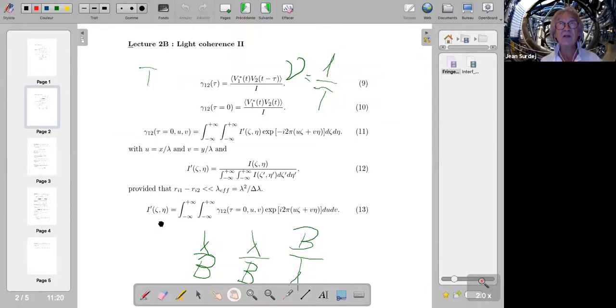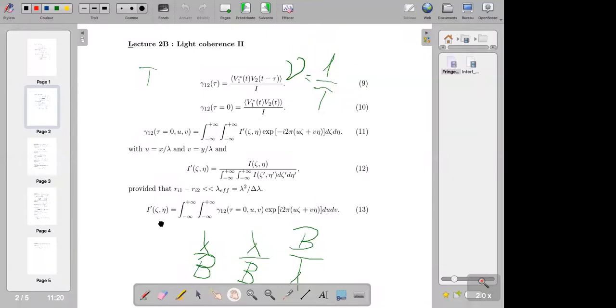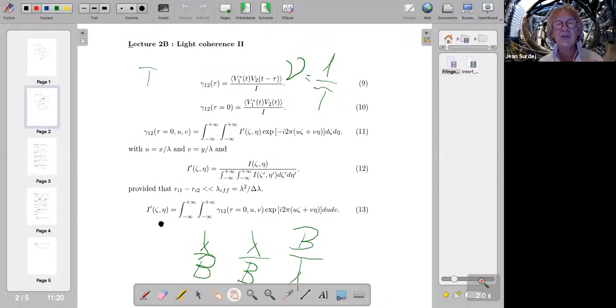For instance, you could say, oh, I know from spectroscopy that the source I'm looking at can consist of a binary star. But what you don't know is its angular separation. You don't know its orientation. You don't know its flux ratio. So three unknowns.